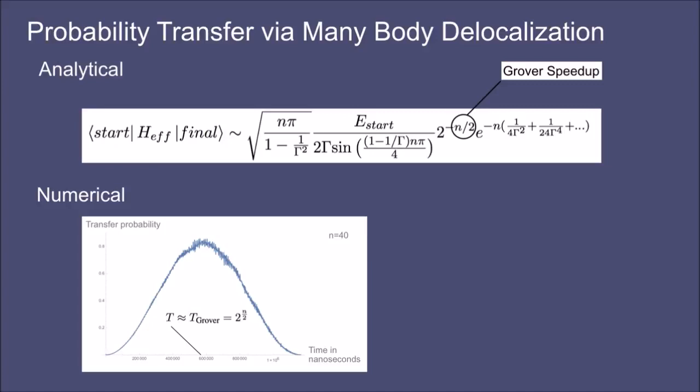If your optimization landscape is flat, there are only two local minima, you start in one, I give you no guidance where the other one is, then it will take you essentially linear time. It will take you 2 to the n for any classical, for the best, it's easy to prove, the best classical algorithm will take 2 to the n time steps, while here, using this many-body delocalization physics, you get there quadratically faster and only in 2 to the minus n half steps.